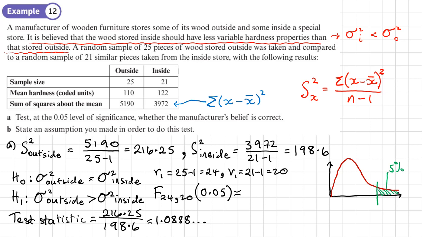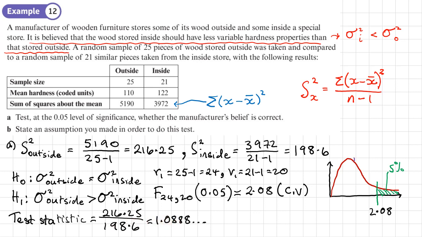So I've drawn my little sketch here just to help me. So if I look up in the table, 24 columns across just before the last column and 20 down, I get a critical value of 2.08. So there's my critical value. So I'll put 2.08 here. And what did I have for my test statistic? 1.088.